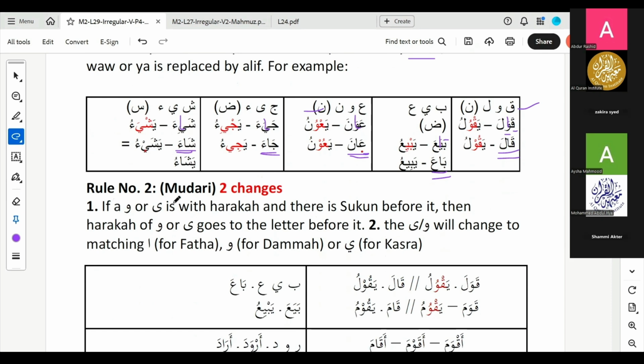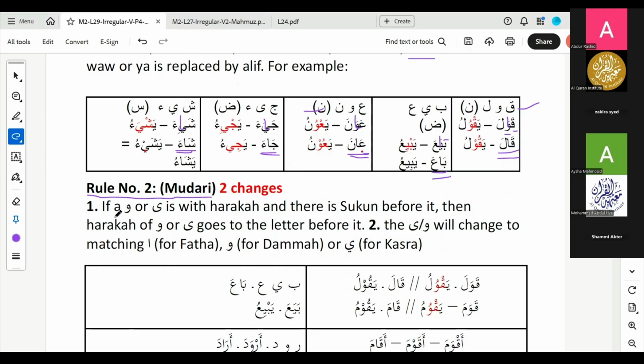Now the rule number 2, on mudari. So for mudari, there are two changes. If waw or ya is with harka and there is a sukoon before it, then the harka of waw or ya goes to the letter before it. So here in the previous example, we have qawala and the present tense mudari is yaqulu.